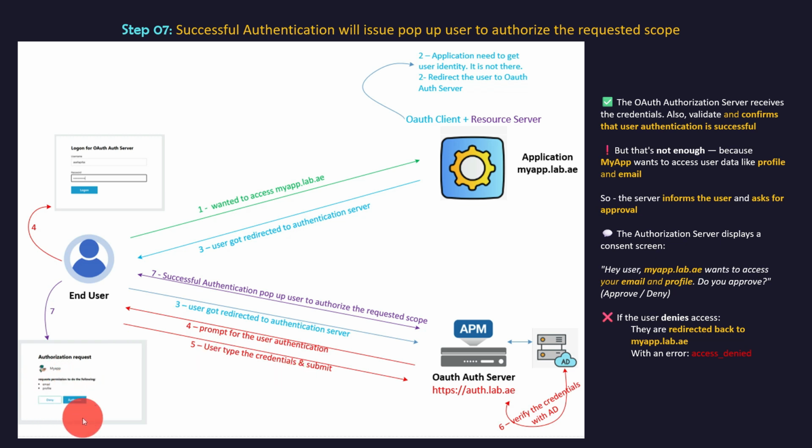Do you approve this?" The user can either approve or deny. If the user denies the access, they are redirected back to myapp.lab.ae with an access denied error. In our case, the user authorizes this consent.